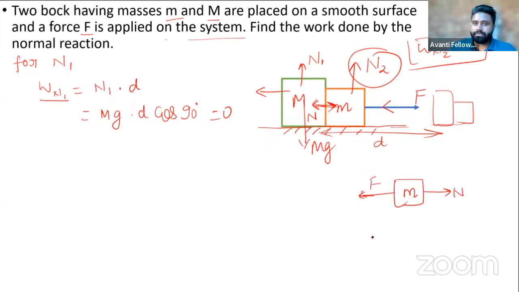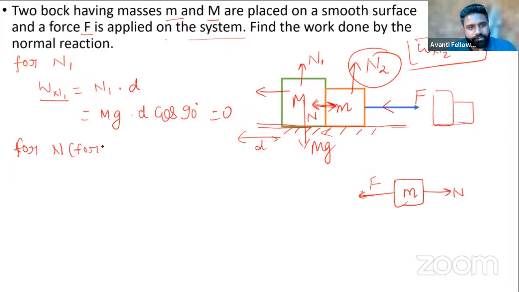Let's say the displacement is d in this direction. Now what is the work done by this N force? The work done will be N dot d.